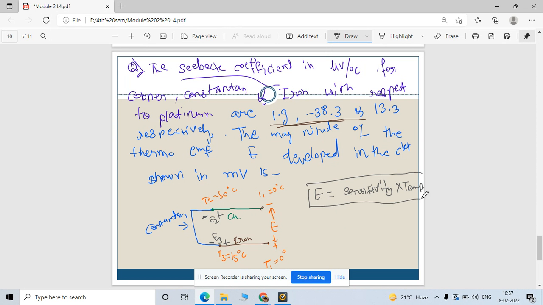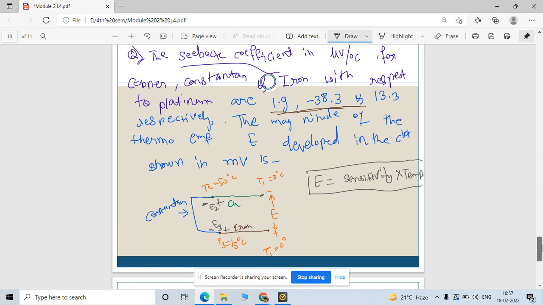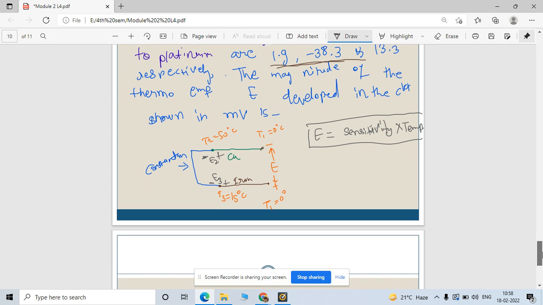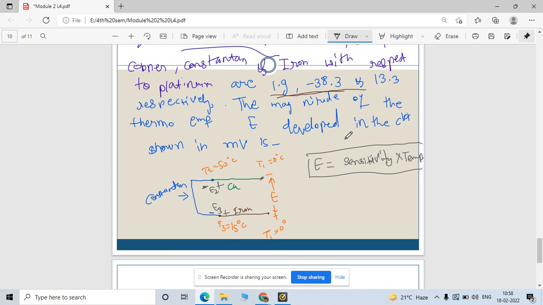With the help of this formula, you can easily find this E. Now, how to find the sensitivity? Sensitivity is given for the particular metals.